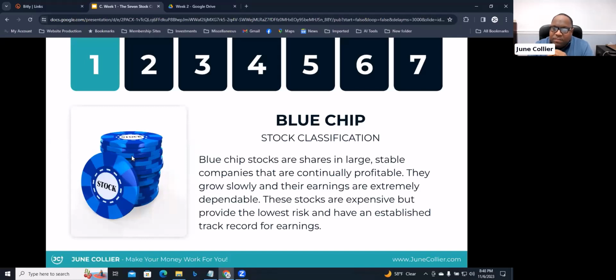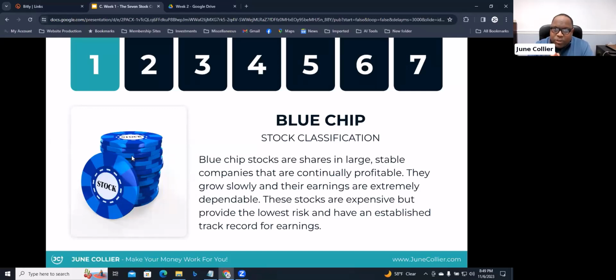But a blue chip is a very large company. They're making profit. They're not going to be jumping through the roof. They're not going to do 20%, 30%, 50% for the year. But they're a tried and true company. These stocks are expensive, but they provide the lowest risk, and they have an established track record for earnings.